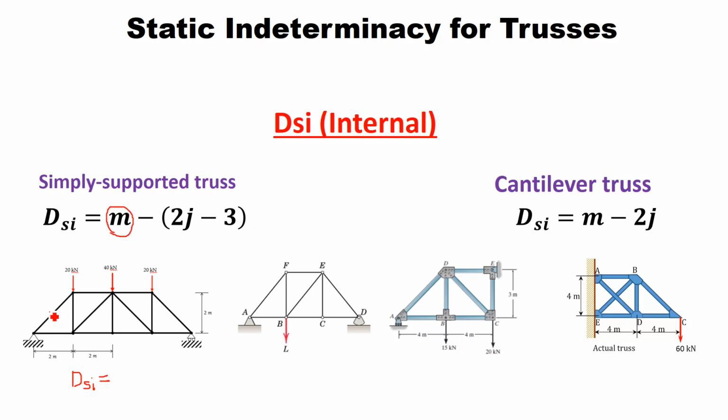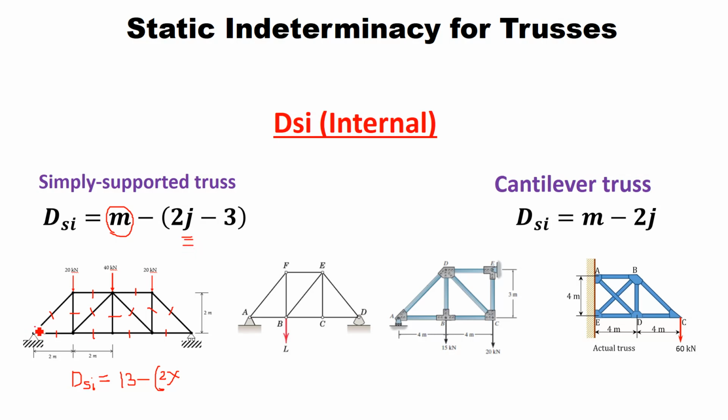The number of members is 1, 2, 3, 4, 5, 6, 7, 8, 9, 10, 11, 12, 13. So it is 13 minus 2 into J, where J stands for the number of joints.